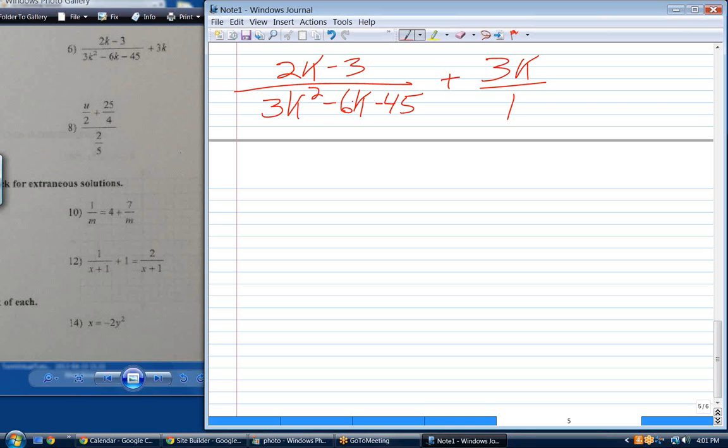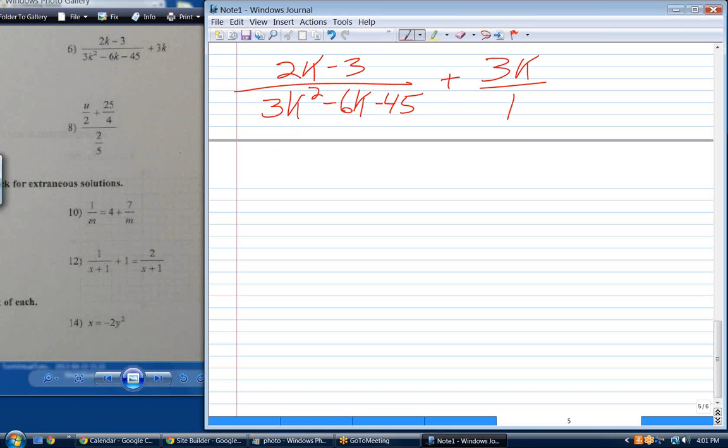It might seem like I could factor the bottom. I'm curious why they keep giving you these problems, because I can see that I could maybe factor the bottom, but the factors are going to be k plus or minus something times 3k plus or minus something.